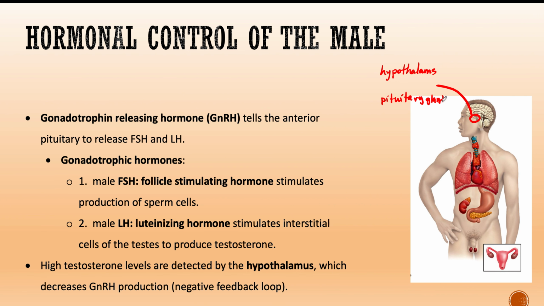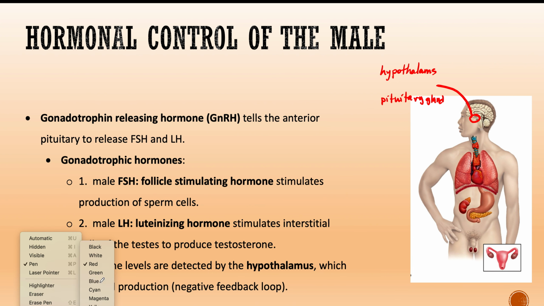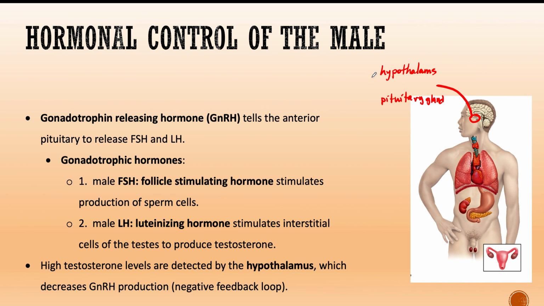And what we're going to see is that we have a hypothalamic hormone, a releasing hormone, and that is GnRH, that interacts with the pituitary gland.